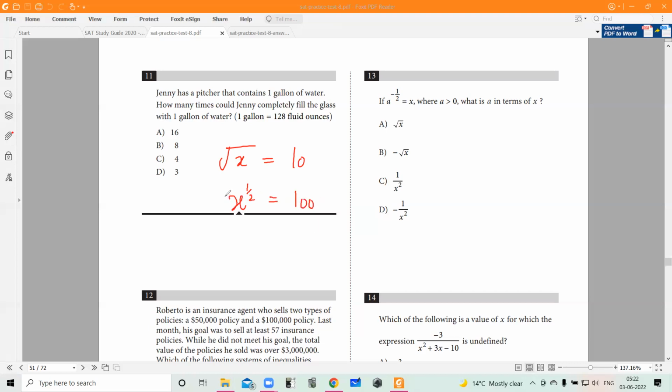And what you do is you square both of them. Why? Because 1/2 and 2 will cancel out, 1/2 multiplied by 2, because when you have a power raised to a power, they will be multiplied. That's the rule of exponents. So 1/2 times 2 over 1, that's 1. So it'll be X to the 1 equals 10 squared, 100.